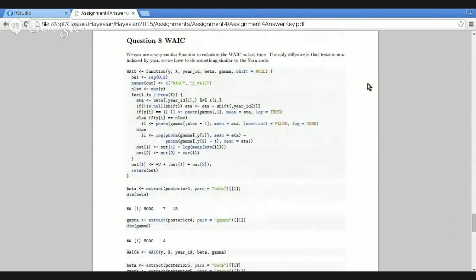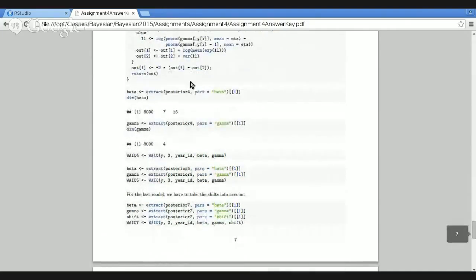So here is my function for the WAIC. It has an optional last argument for shift that, if passed, also plucks out the right shift. This WAIC function is very similar to the one that we did in section last week. The only difference is when eta gets constructed, you have to get the betas for that person's year. And so that is going to involve some array indexing.